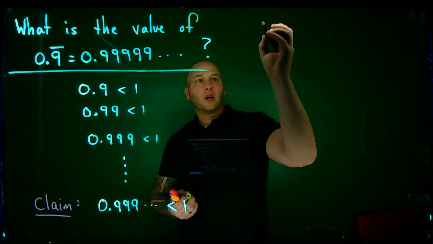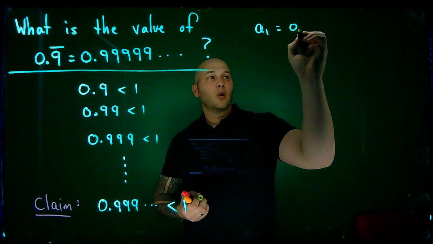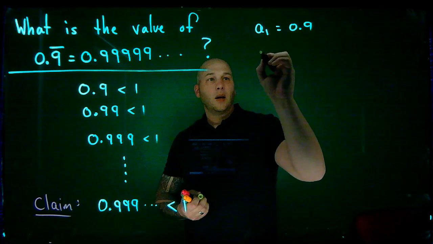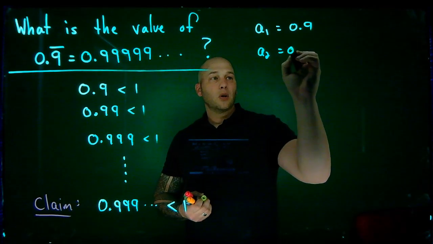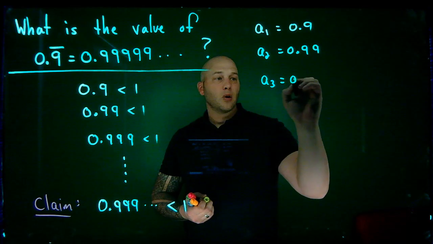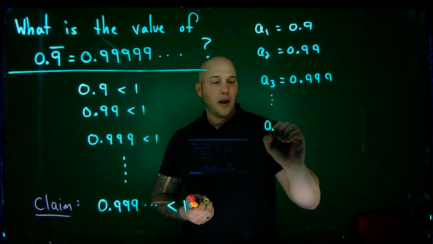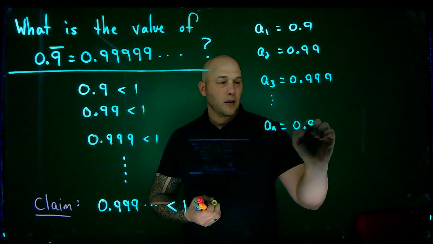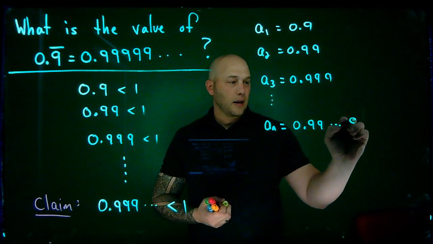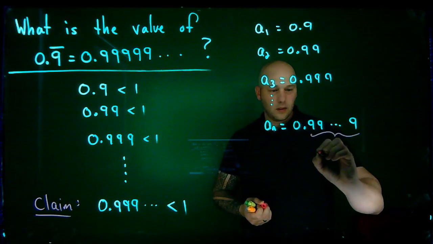Consider the following sequence. A1 is 0.9. A2, 0.99. A3, 0.999. And in general, An is going to be 0.99...9 where I have n nines.